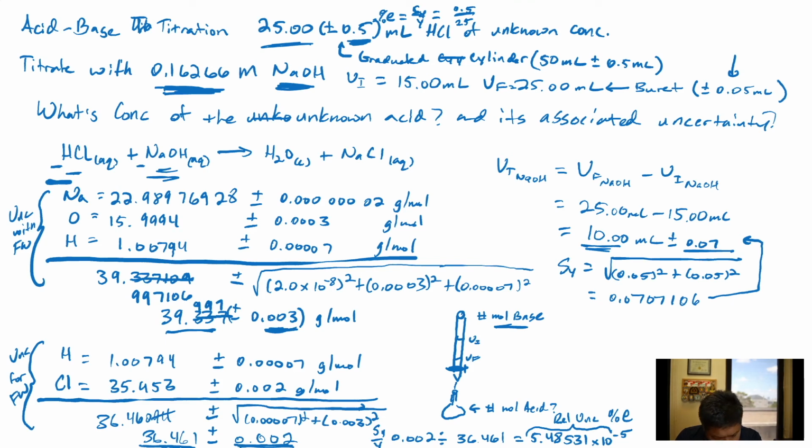And when you do that, you should get 0.02, or if you wanted to report that somewhere, you could say it's 2% uncertainty on a graduated cylinder, which is kind of big, but you knew that. That's why you're not supposed to use graduated cylinders all the time to measure out very precise things. But again, we're going to be using this number right here, not the percent number in our calculation, because the calculator doesn't use the percent sign.